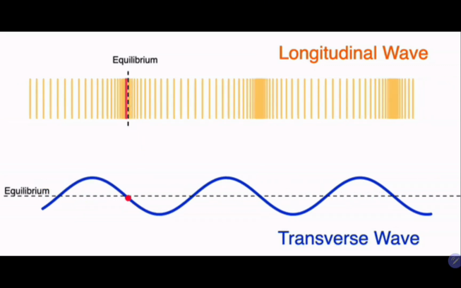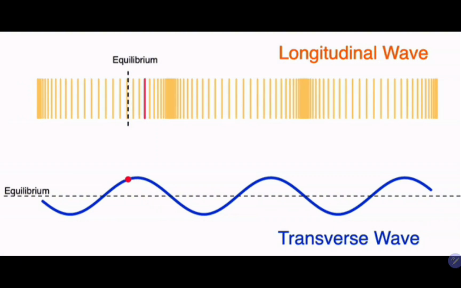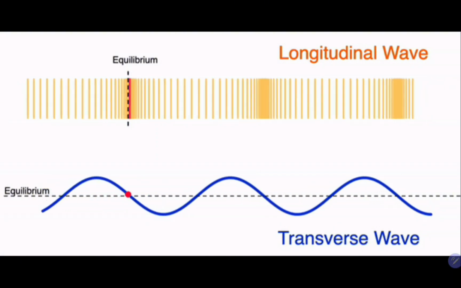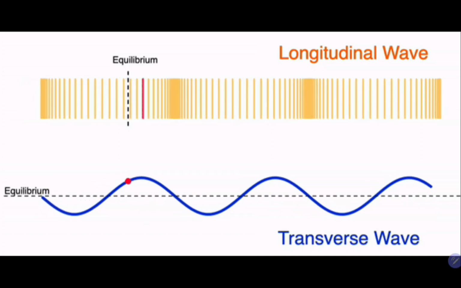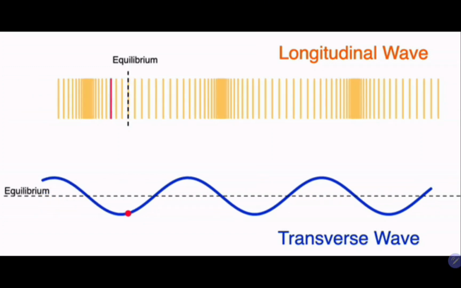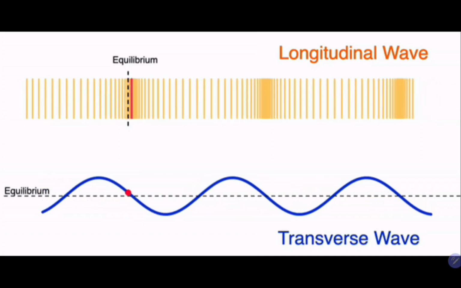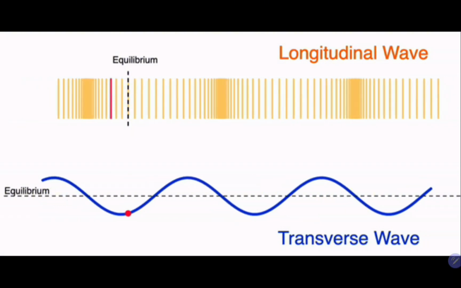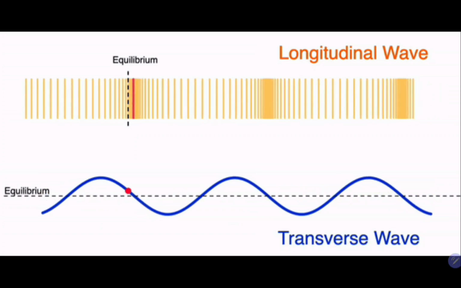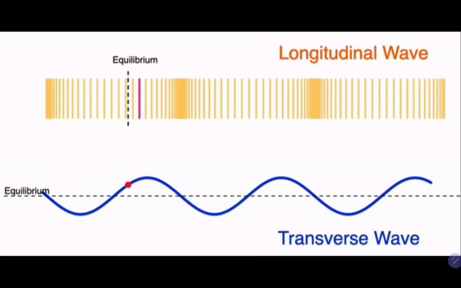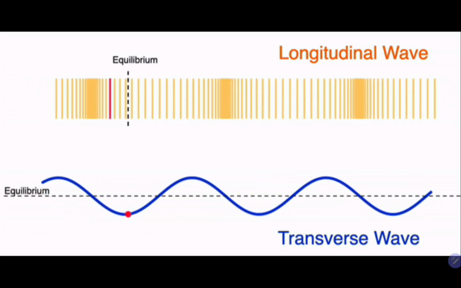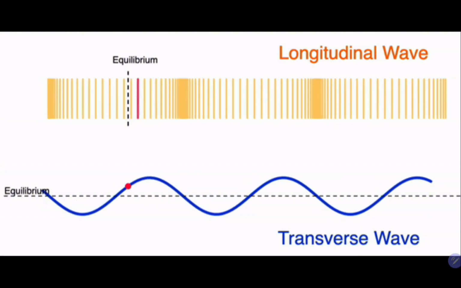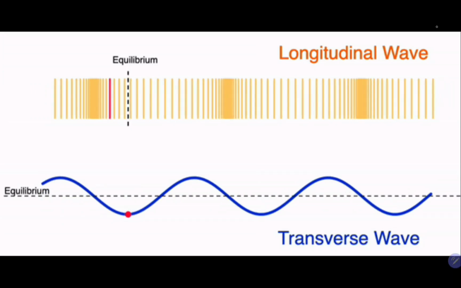The red line represents a particle. You can see the particle vibrates left and then it vibrates right. So the vibration of the particle is parallel to the movement of the wave itself. You can see the movement of the wave, the orange part goes from left to right. So if the movement of the particle is in parallel with the movement of the wave itself, we say that the wave is a longitudinal wave.